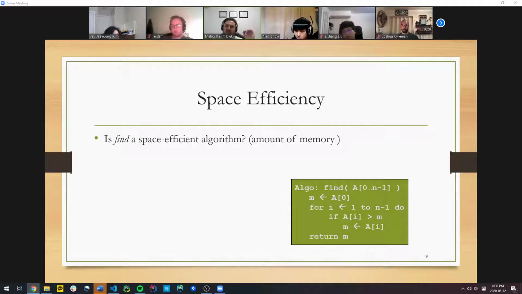Then we have to see how many automatic variables or values are created inside this find function. This find function is going to be created in the computer stack in the RAM, right? If we look at it, we only have one variable there, variable m, so in terms of space it's just one temporary variable that's being created in this find function.